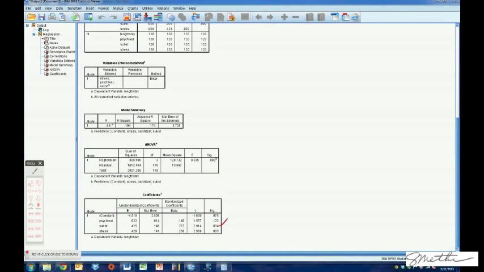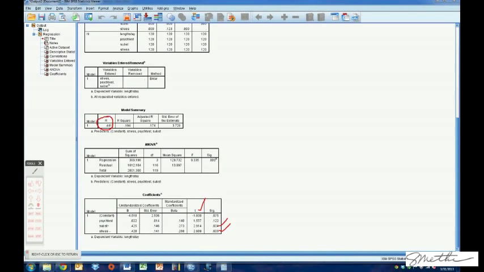Instead, what we have is a significant relationship between the substance variable and the outcome, which is length of stay, and the stress variable and length of stay. And these significance values are based on the t value, so the t values are also important to look at.